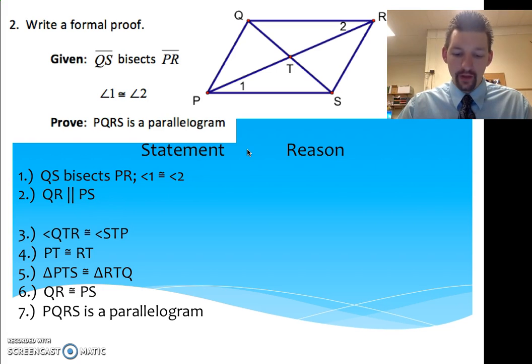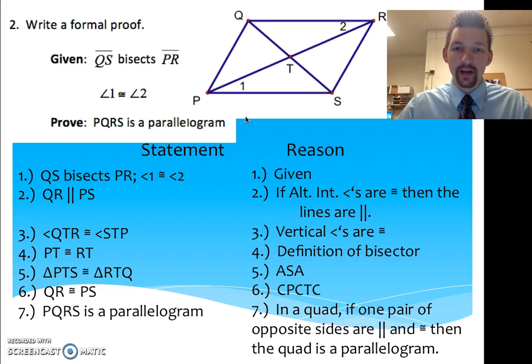All right, so the reasons to go with the statements are here. So you have the givens. You have QR is parallel to PS because you're given that angle 1 is congruent to angle 2. So if alternate interior angles are congruent, then this top line has to be parallel to the bottom line. I have angle QTR congruent to angle STP by vertical angles.